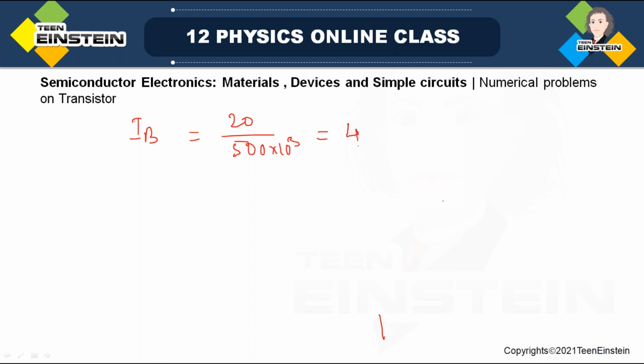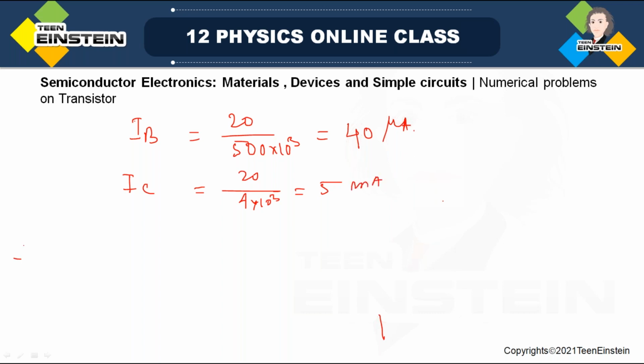So this was not 4, it was 40. Sorry. It was actually 40 microampere. Okay, 40 microampere. And IC will be again 20 divided by 4 kilo ohm. This is 10 to the minus 3. So it will be 5 milliampere.